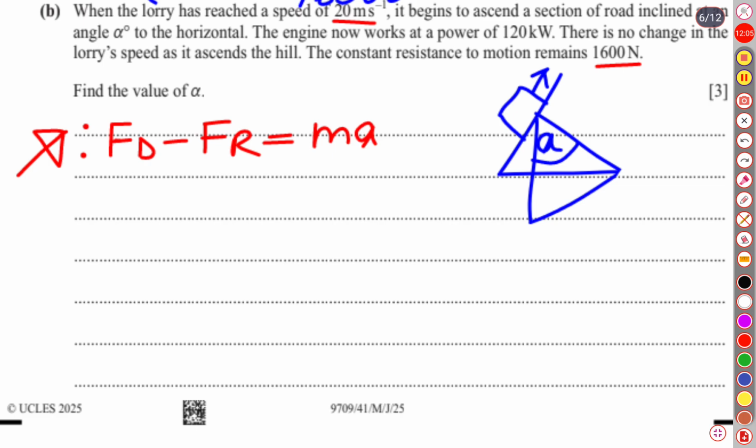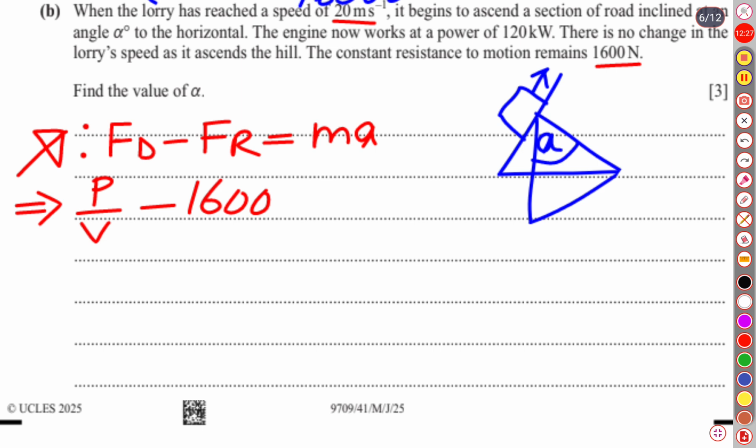What is our driving force? The same concept as we have been applying, it is power over velocity minus resistance to motion, which is 1600. That means frictional force is 1600. But one more force is causing resistance to motion, which is weight.